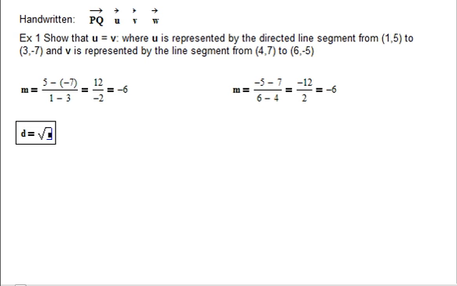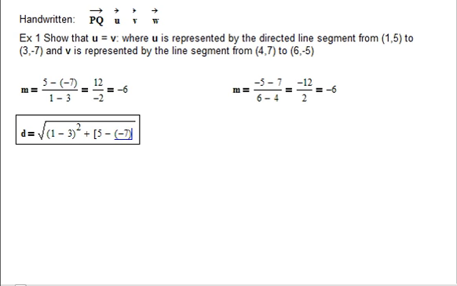We want the square root of 1 minus 3 squared, plus 5 minus negative 7 squared. Ooh, didn't mean to put percent there. 5 minus negative 7, now, there we go, squared.